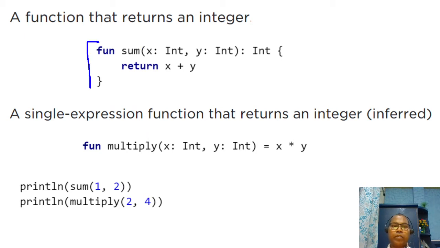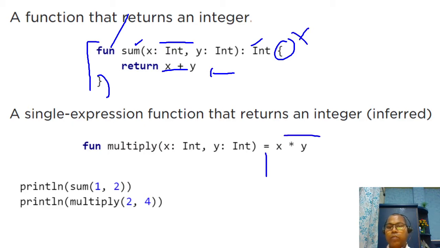So in this way, we have options. You can write a function in the normal way, complete with your fun keyword, function name, input arguments, return type, opening braces and closing braces. Here you write your logic. And if this is a single expression, you can omit your curly braces and place an equal sign, and whatever your single expression value is you can write here, and the compiler can automatically infer the data type of the return value.